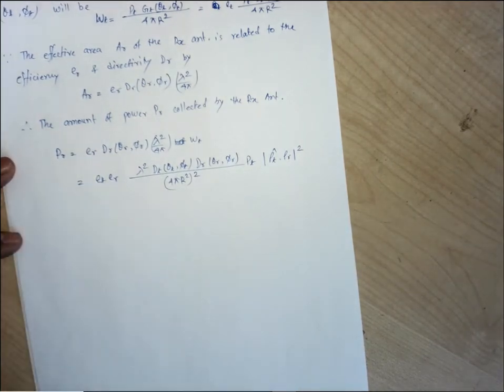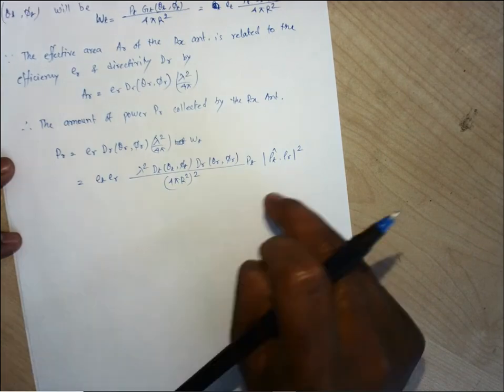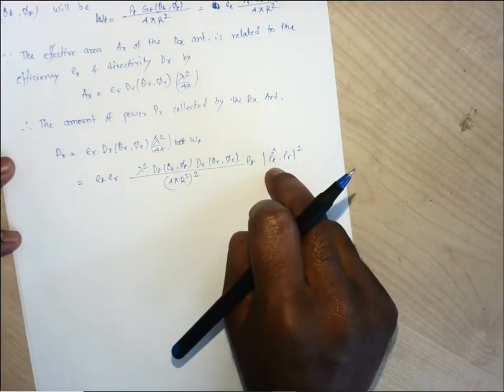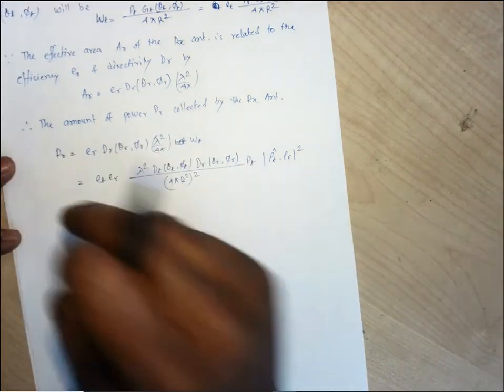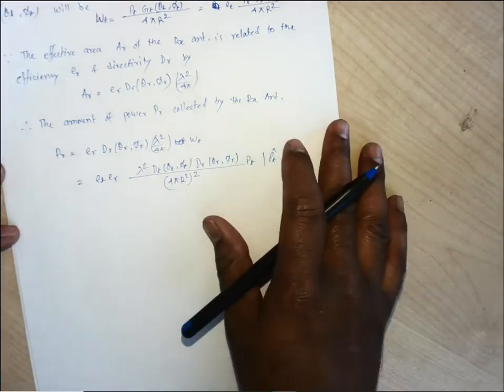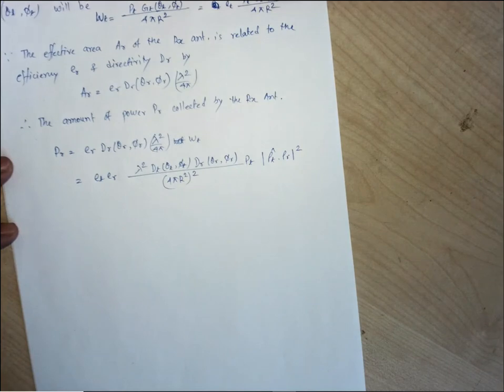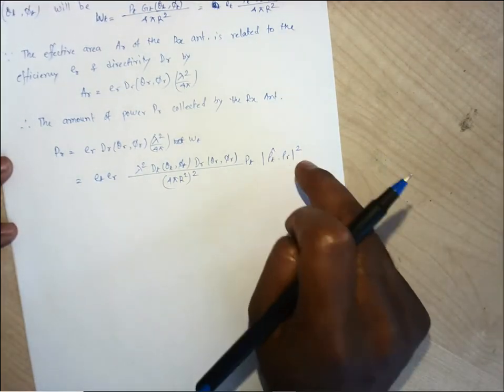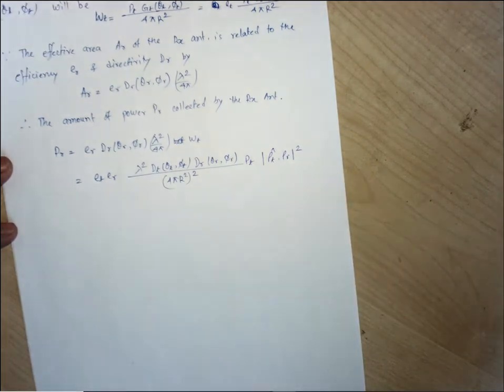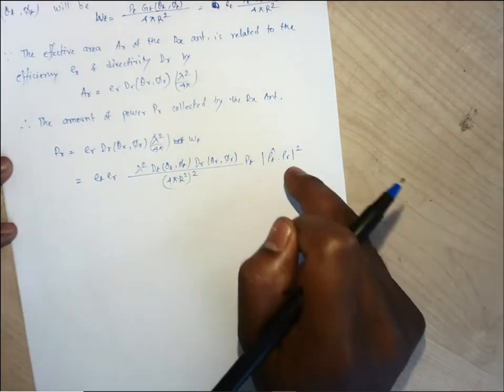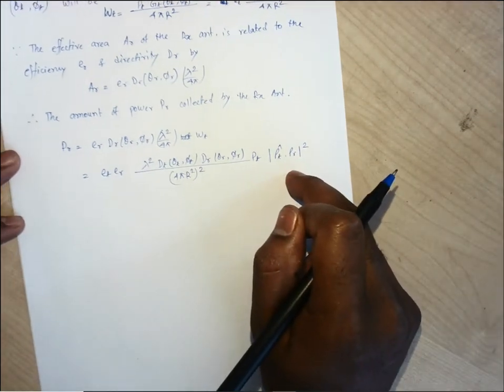If polarization mismatch occurs, there will not be the maximum amount of reception. So we need to specify whether the polarization match is carried out or not.